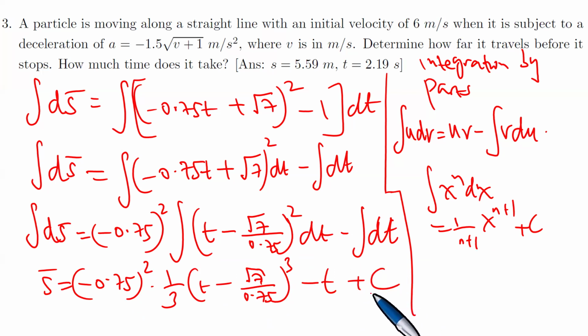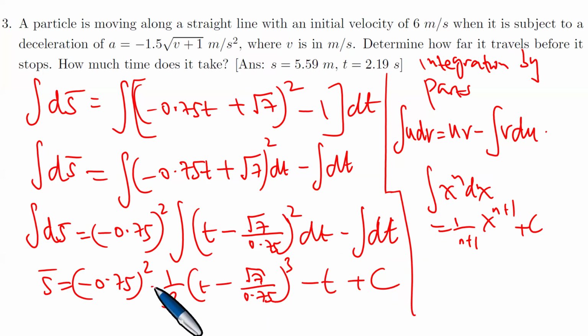Minus t plus c. They're all based on, I was saying this is integration by parts, but we're not doing that. We're integrating this part, and then integrating this part, because you had two parts. That doesn't suggest integration by parts.